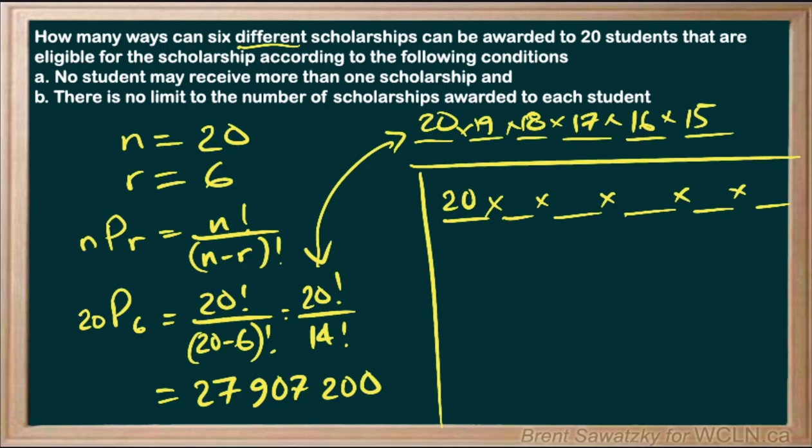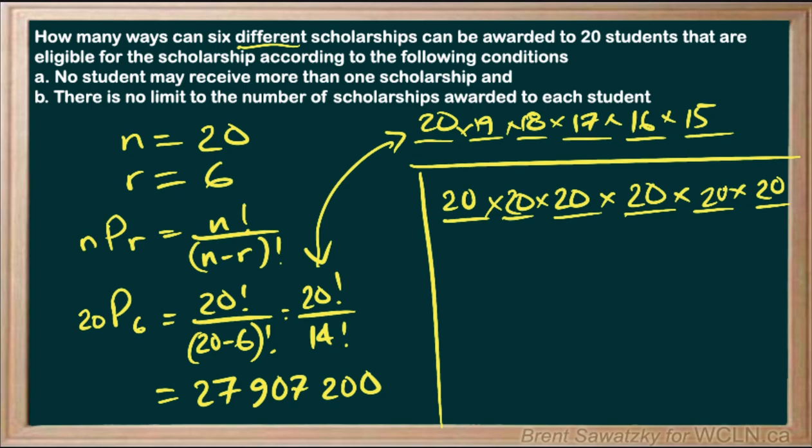But for the second scholarship, the student who got the first scholarship is still in the running, because they're allowed more than 1 scholarship, or repeats are allowable in this situation. So we're back to 20. In the same way, in the third case we also have 20, because that student could have got all 5 or all 6 for all we know. So we have 20 options for all of these situations.